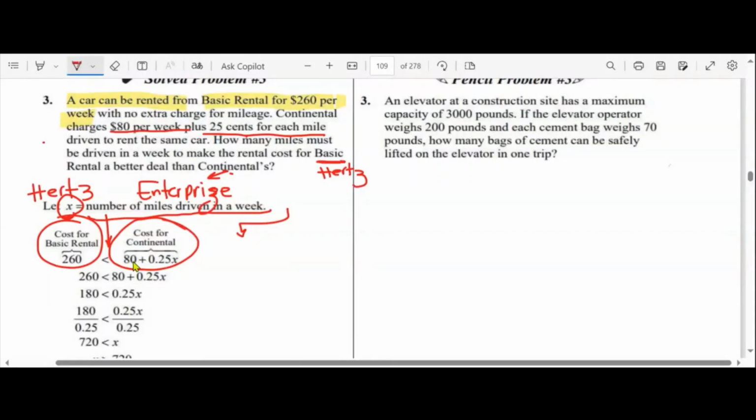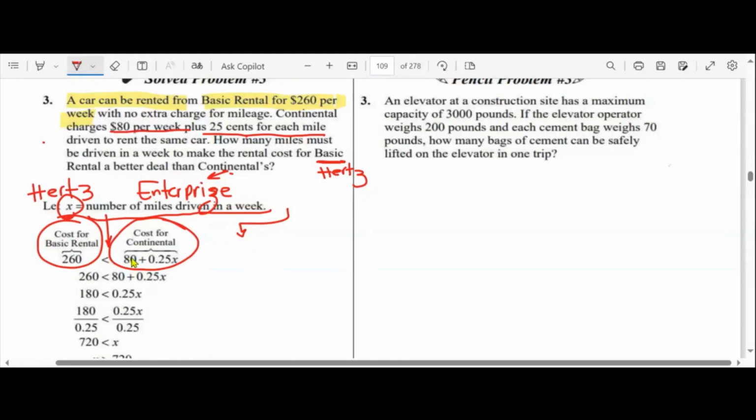How many of you rent a car from the airport or from somewhere? They give you in the agreement, they say you will take the car for 1 week, you pay $80 plus 25 cents per mile extra. Or you go for Hertz, they will give you the whole week for 260, unlimited number of miles.